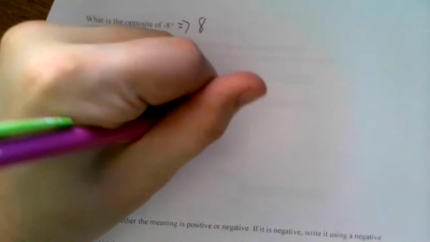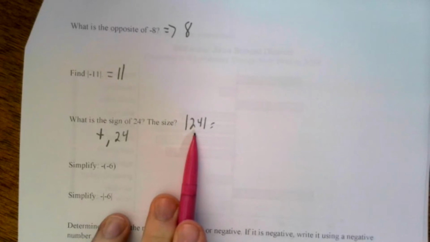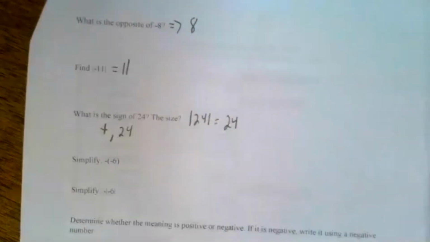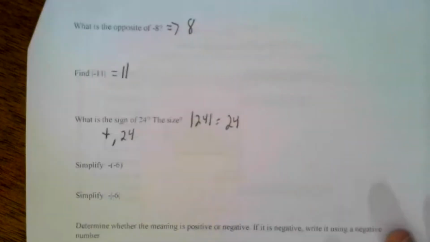Yep, so it's a positive sign, right? So the sign is positive, and the size is just the number, 24. One way that we can look at it is the sign is just if it's positive or negative, and the size is just taking the absolute value of the number. So the absolute value of 24, we make it positive. Well, it's already positive, right? So it's still just 24. Okay. So absolute value just lets us know the size of a number.